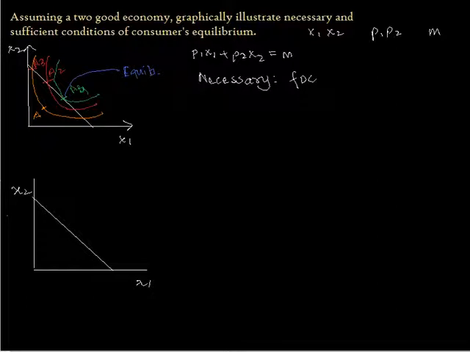But is this point an equilibrium? No, because though you are spending your entire income and your indifference curve is tangential to the budget line, you are still not at the highest indifference curve. You can't say that E2 is not a better point than E1, because you are at a higher indifference curve. So these are the sufficient conditions.